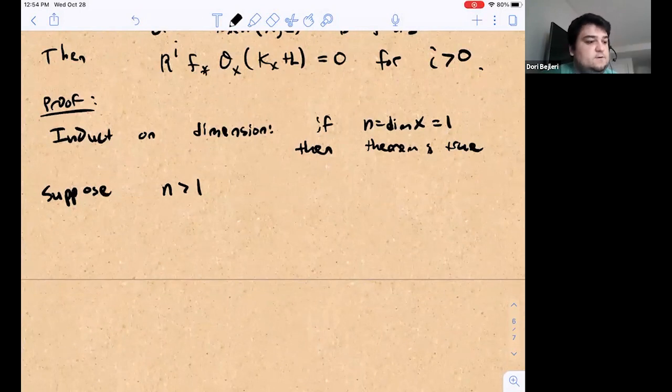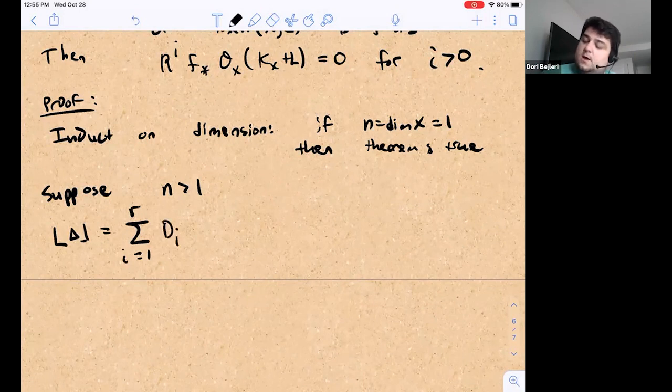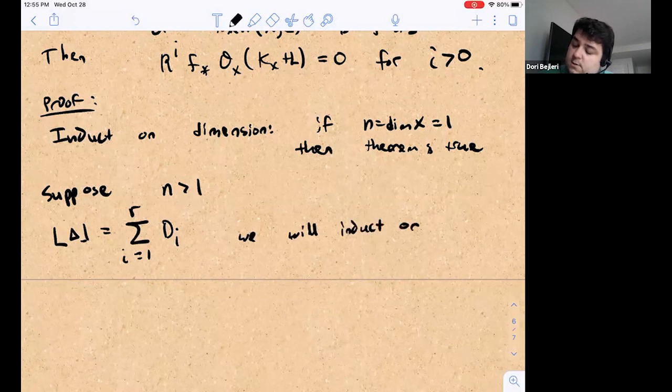So let's look at the round down of delta, write it as the sum from i equals 1 to r of D_i. So here everything's an integral divisor. These are the components of coefficient 1, and now we will induct on r as well.